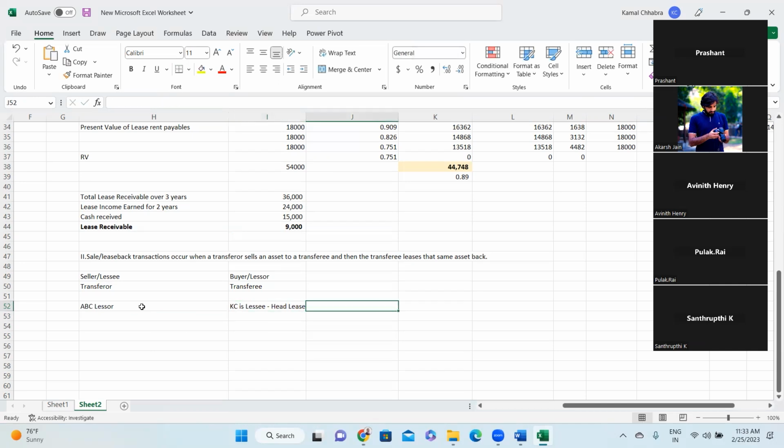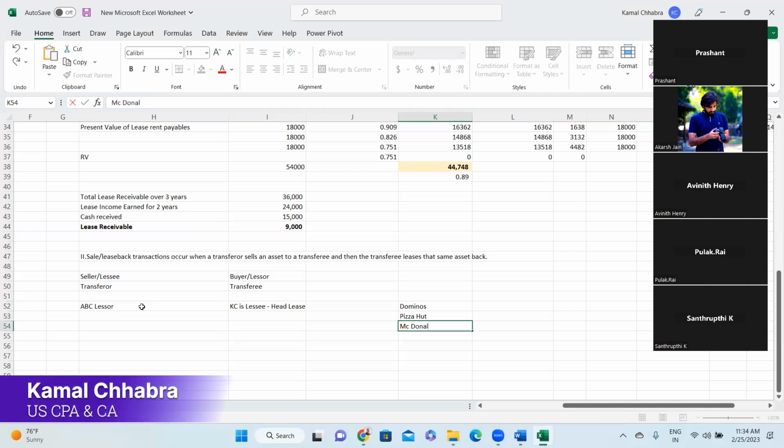And then let's assume I have given a sublease to Domino's, McDonald's, or to whom you want to give, KFC. What else do you want to have in the food court? Sir, Haldiram. We are in the US. Tim Hortons.